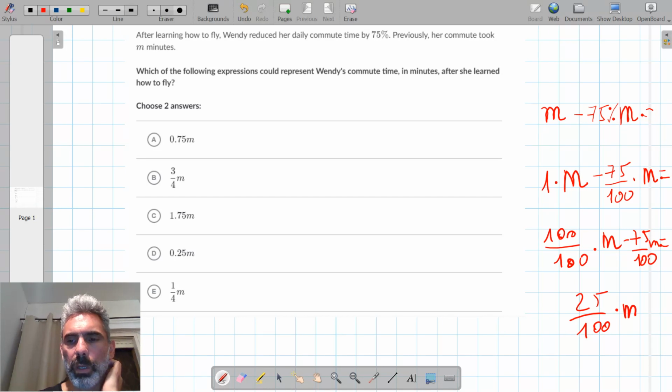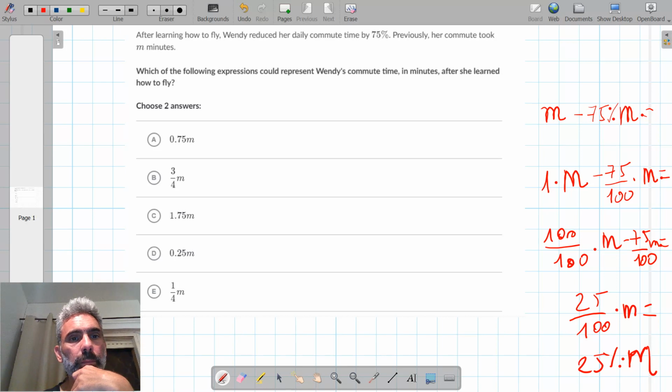Okay, because 100 hundredths of something minus 75 hundredths of something leaves us with 25. So we have 25% left of the original commute time.